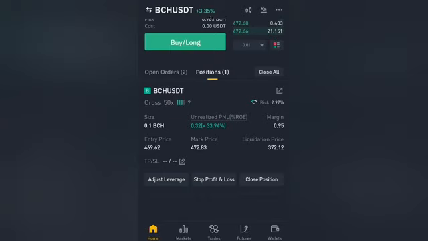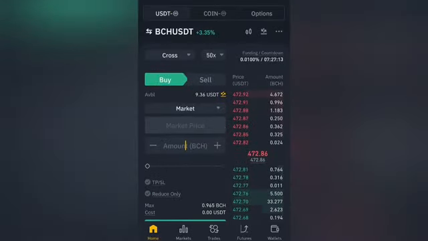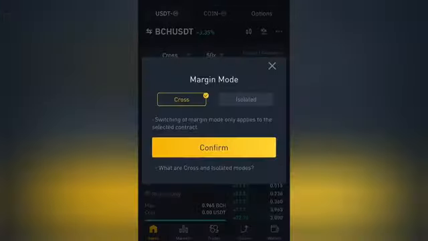Understand? So I said there are two types of margin in trading. There is cross margin and isolated margin. If I scroll up, you would see this cross right here. When you click on it, you can select between cross margin and isolated margin. Now, what isolated margin means is that when you place a trade, it will take in a specific amount.